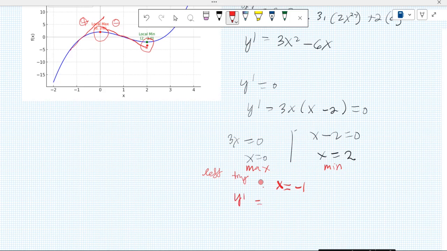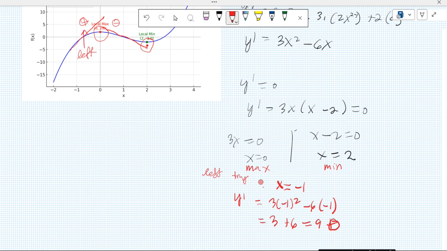That is 3 multiplied by (-1)^2 minus 6 multiplied by negative 1. Therefore we have 3 plus 6, which is 9, and it is positive. So indeed, in the left region, it is positive.